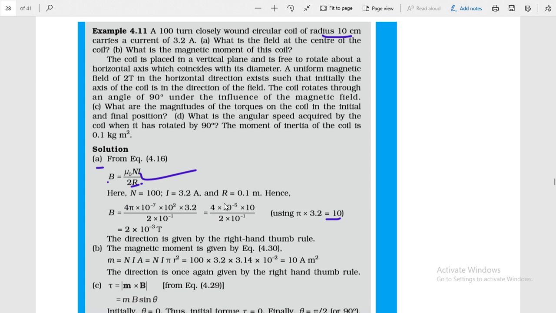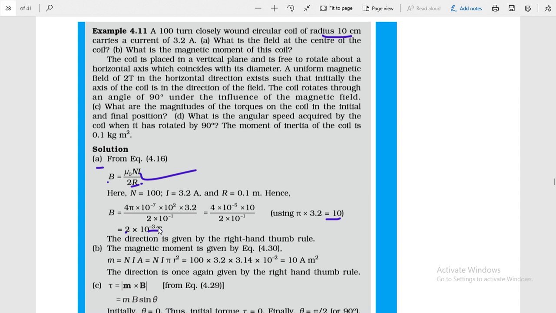So it is 4 into 10 to the power minus 5, because this is power plus 2 and this one is power minus 7. These two together give you 10 to the power minus 5, and pi into 3.2 gives you 10, so this becomes 10 to the power minus 4, and then the 10 to the power minus 1 cancels. The final result will be 2 into 10 to the power minus 3 Tesla.